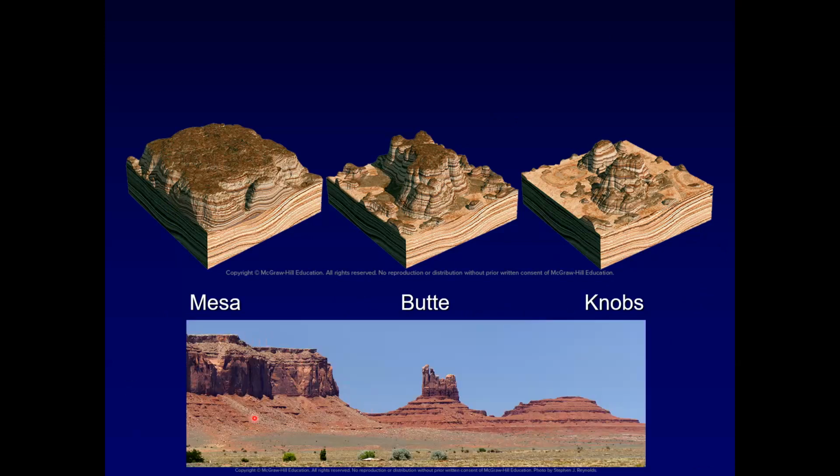And that's a landscape photo depicting that same thing. Erosion creates these cutouts into the layers. Further erosion removes more rock, forming a butte. Once that resistant top layer is removed, we have these rounded hills.